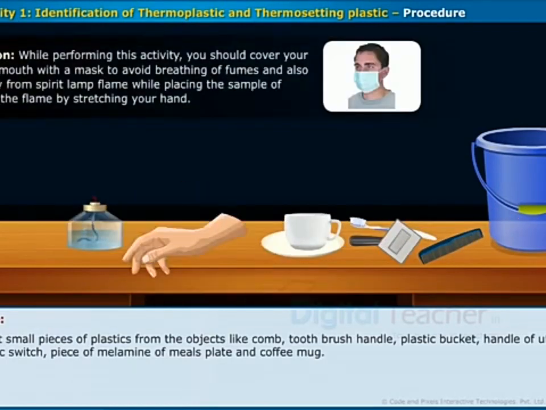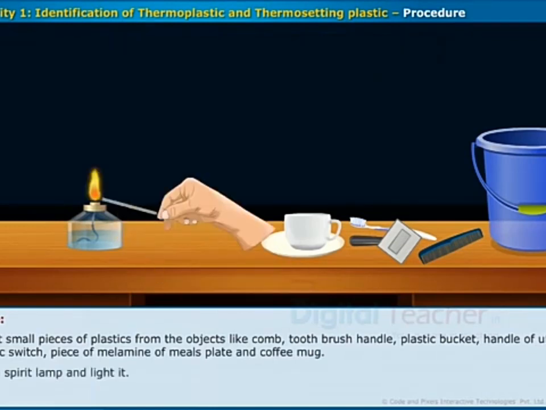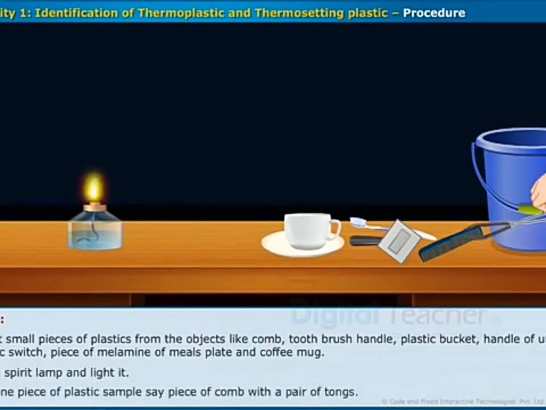Precaution: while performing this activity, you should cover your nose and mouth with a mask to avoid breathing of fumes, and also keep away from the spirit lamp flame while placing the sample of plastic on the flame by stretching your hand. Take a spirit lamp and light it. Hold one piece of plastic sample, say a piece of comb, with a pair of tongs.